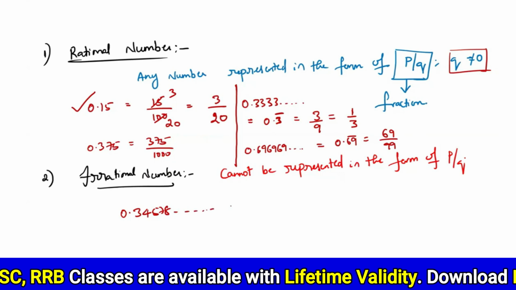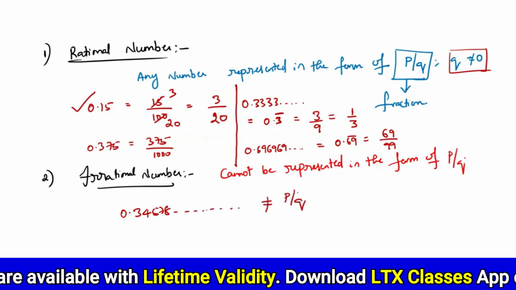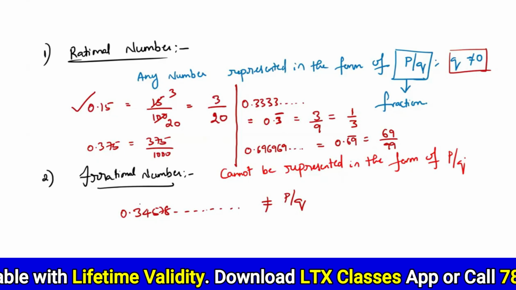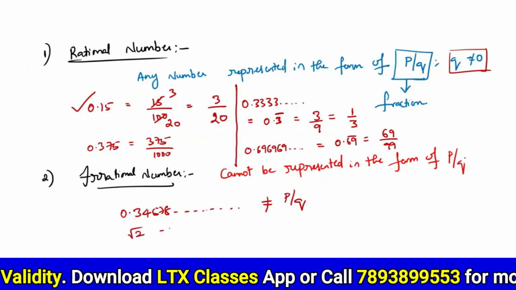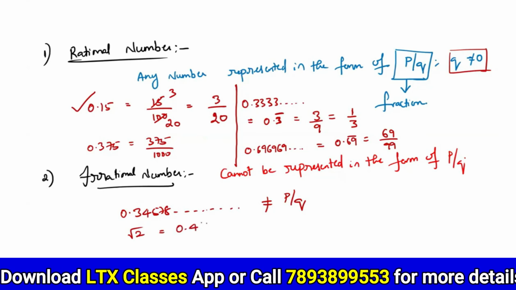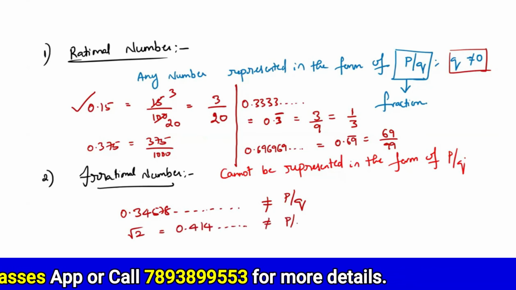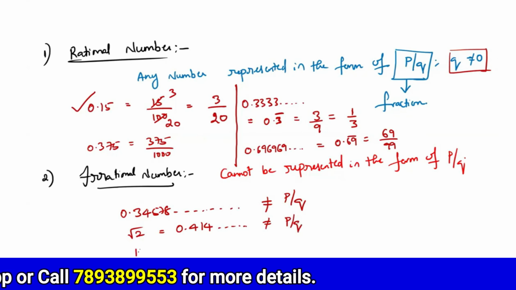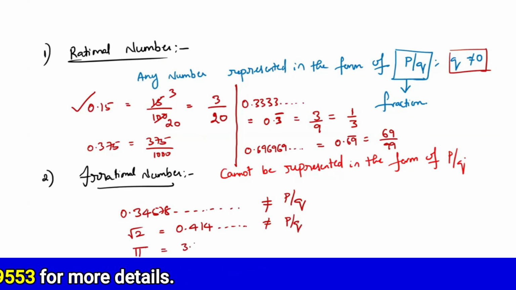But coming to the irrational numbers, the example is 0.34578 and so on. The point is we cannot represent this in the form of p by q. That is the reason it is called an irrational number. Same in the case of root 2. The value of root 2 is 1.414 and so on, and it cannot be represented in the form of p by q. Even the value of pi, 3.146 and so on, cannot be represented in the form of p by q.